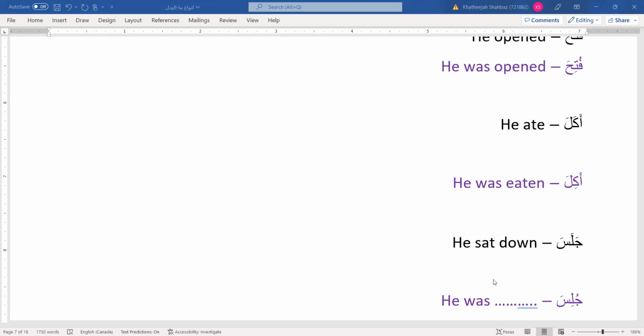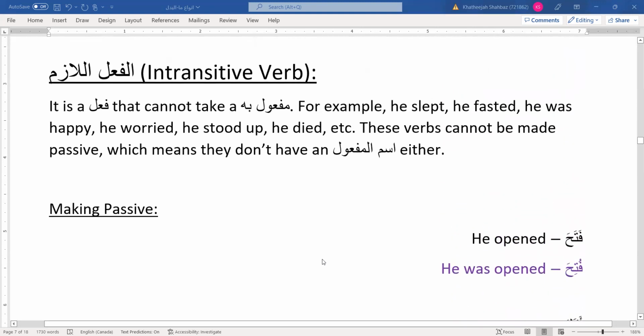So the conclusion we have reached so far is that al-fi'lul lazim cannot be changed to passive voice.